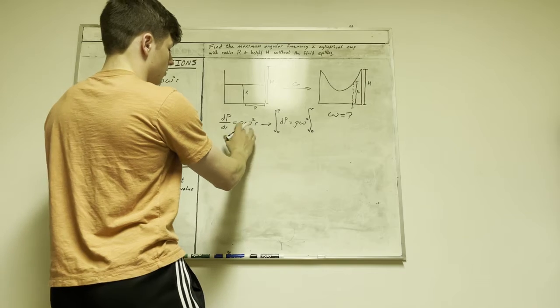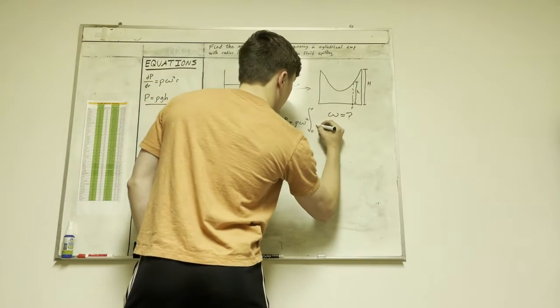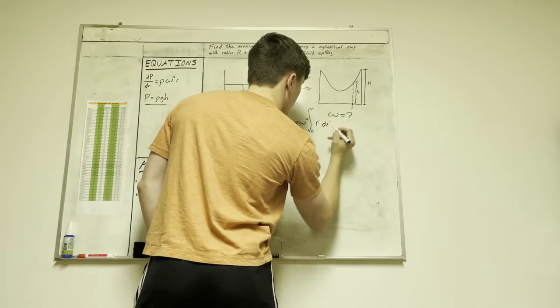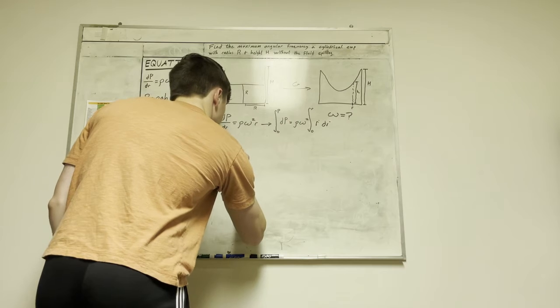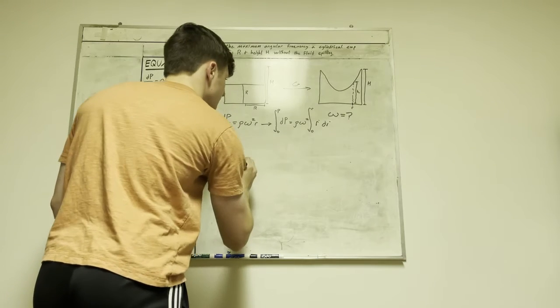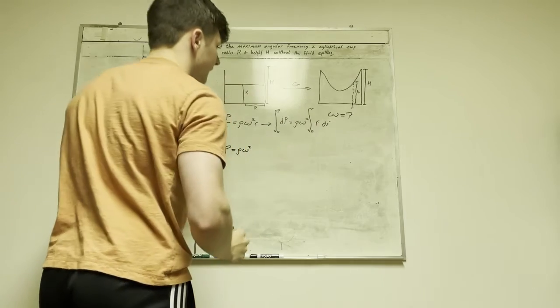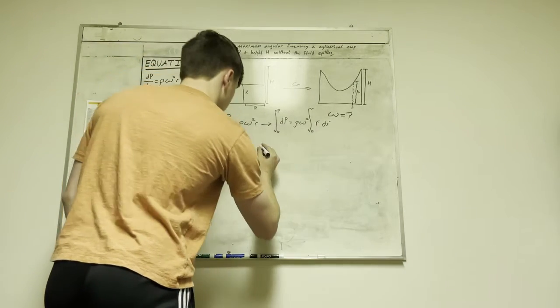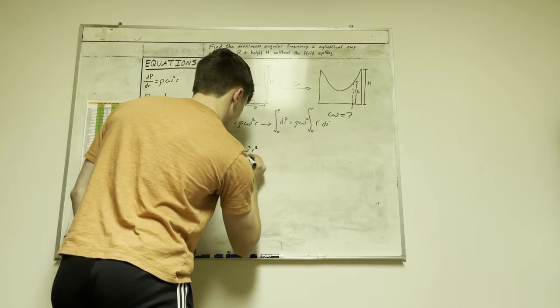We'll have these as dummy variables of integration, so we'll put r prime, dr prime. And so when we solve this, we get p equals rho omega squared times r squared over 2.